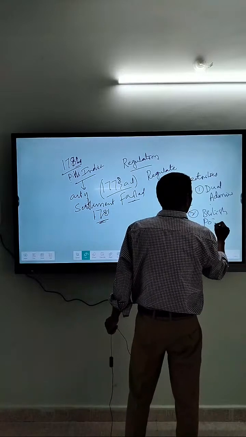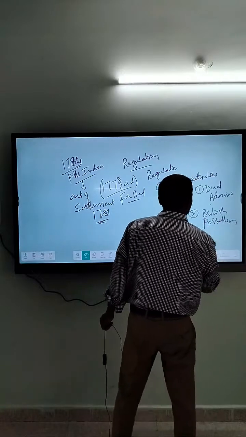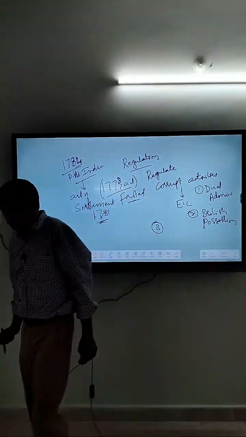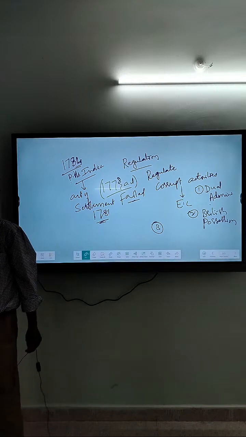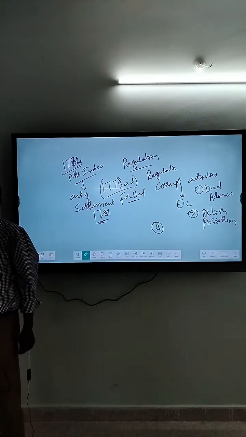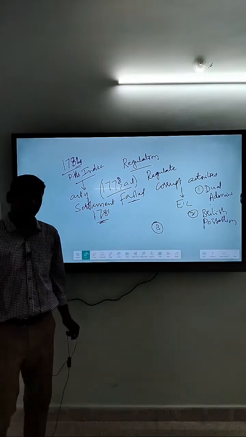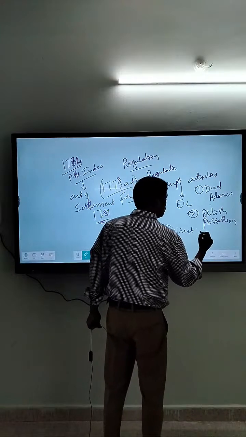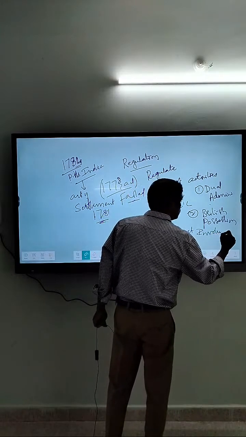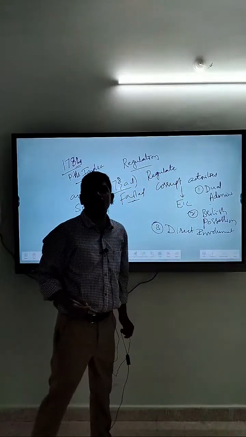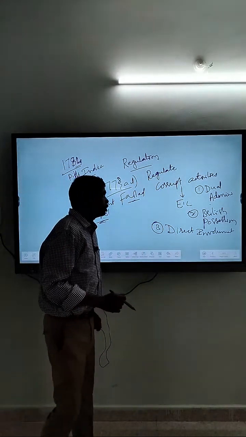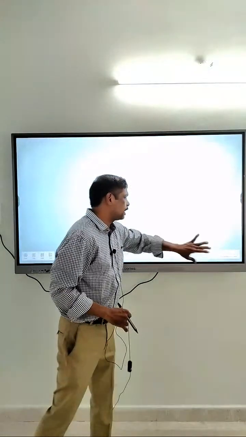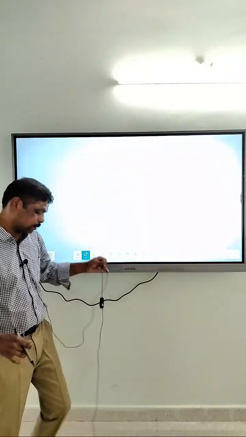Third, British interference, that is direct involvement of the British government. So it is for these things that the 1784 Act is known. I will explain each and every element.